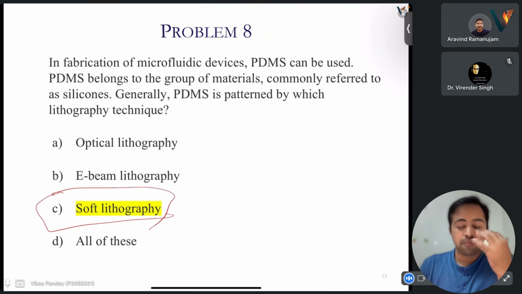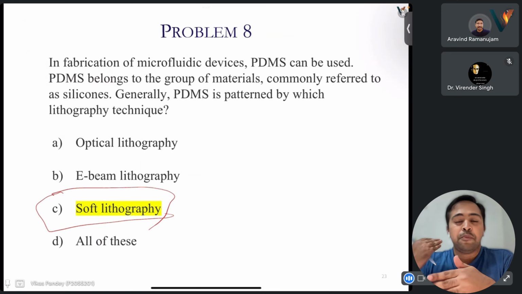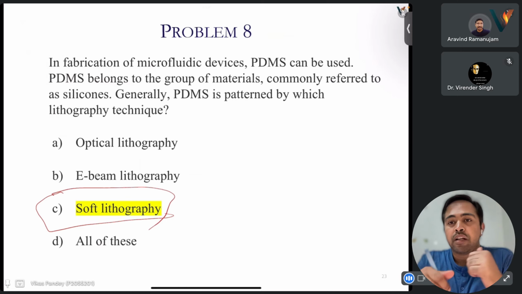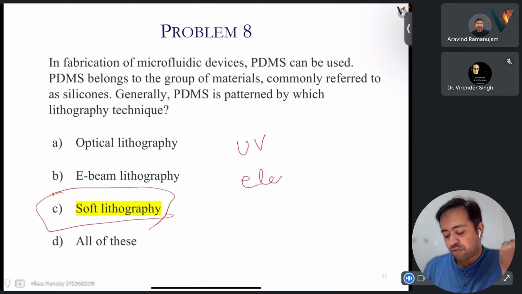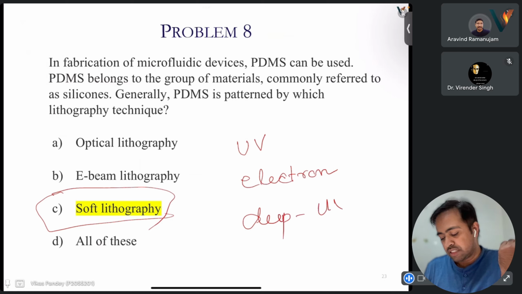And if any such question comes, like optical lithography versus e-beam lithography, which is better? I think one question we discussed previously also, where UV, electron, deep UV, and X-ray were options.